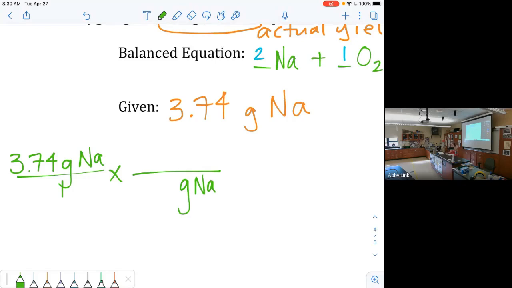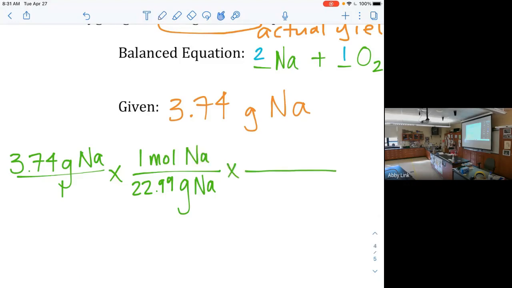You can either use molar mass or mole ratio. As soon as you see that gram there, you should be thinking this has got to be molar mass. So I find sodium, we can round its molar mass to 2 decimal points. So I would round that to 22.99. All right. 1 mole of sodium goes with that molar mass of sodium.